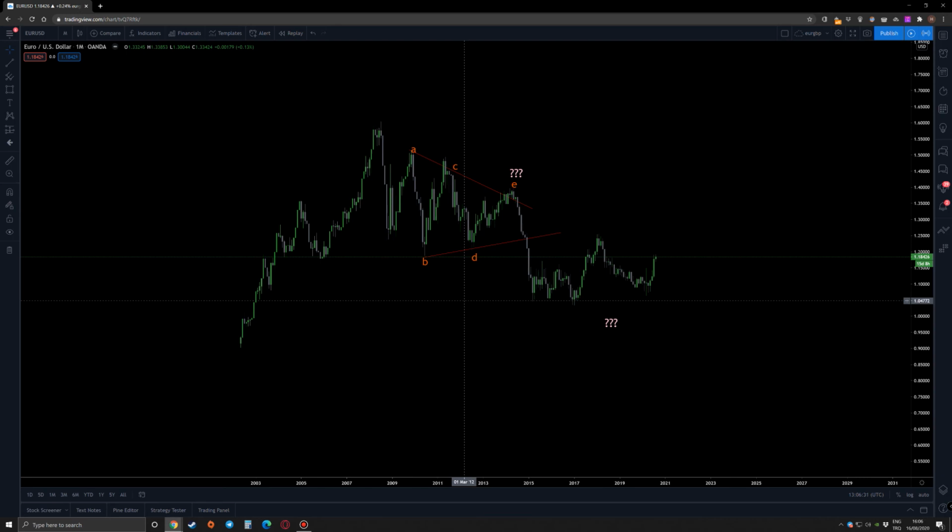For example, a triangle is a very good one, a terminal move is another good one, or something like a truncated zigzag is a good one. A flat with a failure is a good one. So there are some patterns that help us to understand where we are. A limiting triangle is one of the better ones.